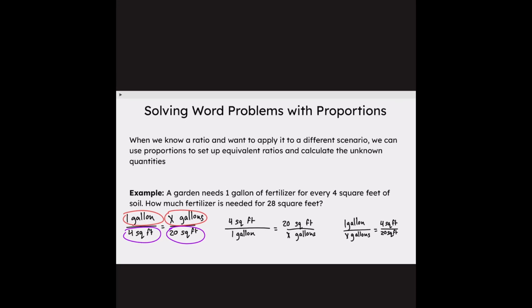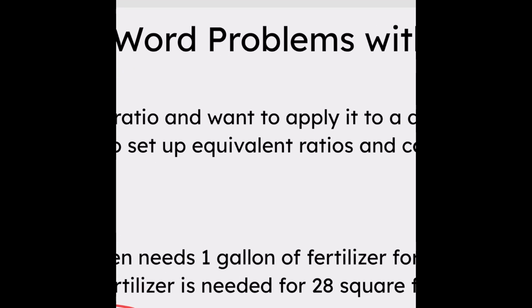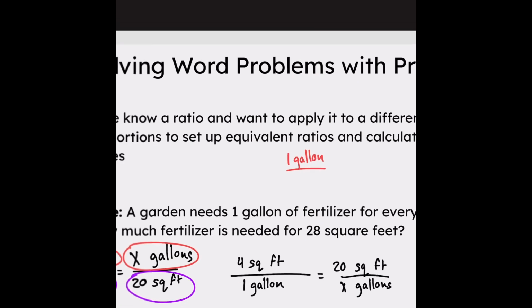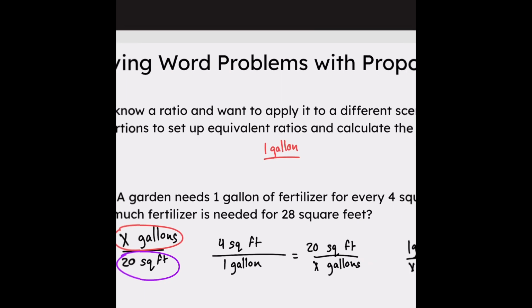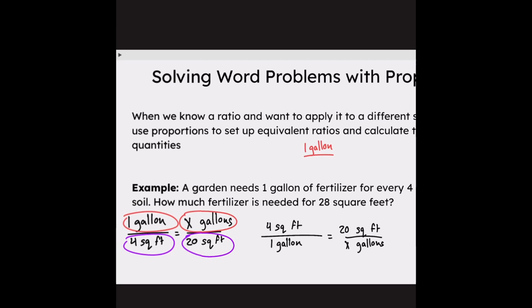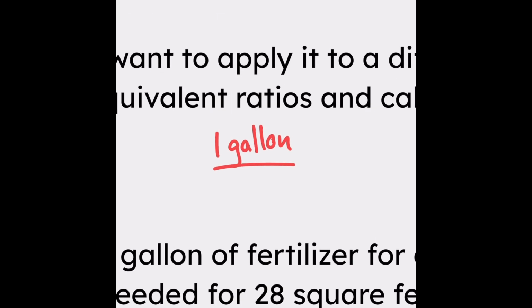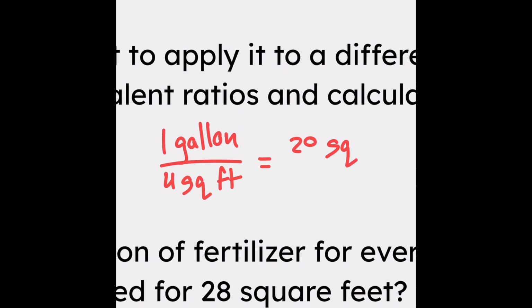Now let's look at something that would be incorrect. Let's say that I did 1 gallon over 4 square feet equals 20 square feet over x gallons.